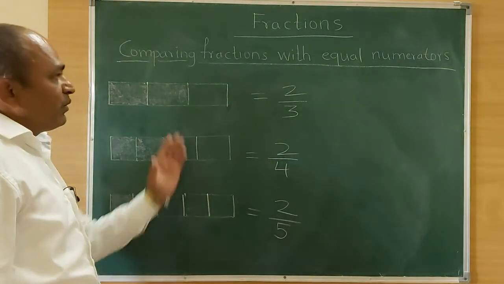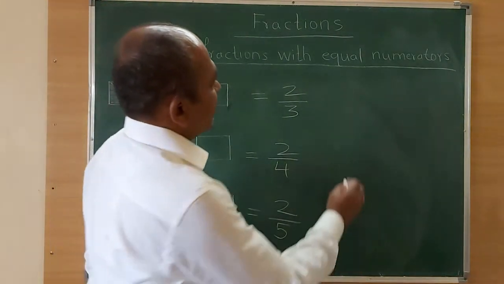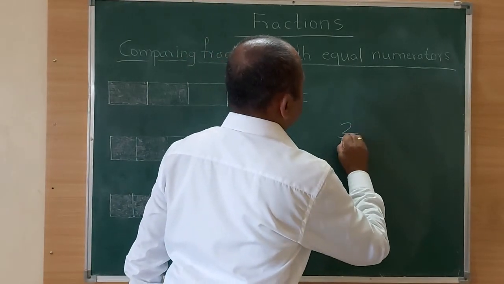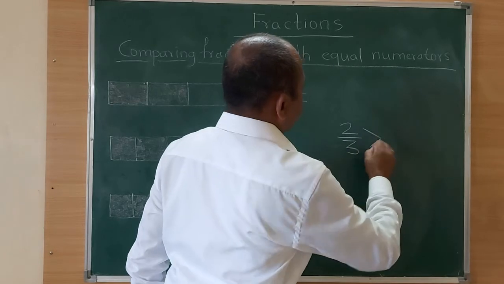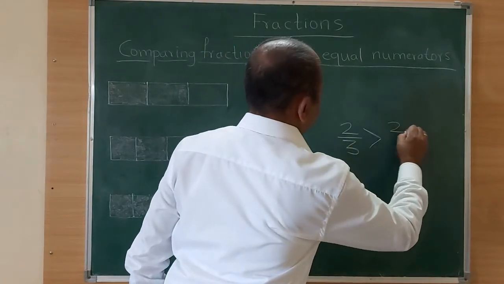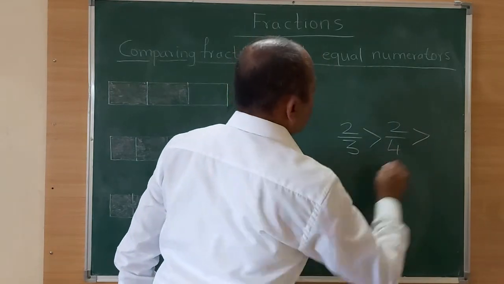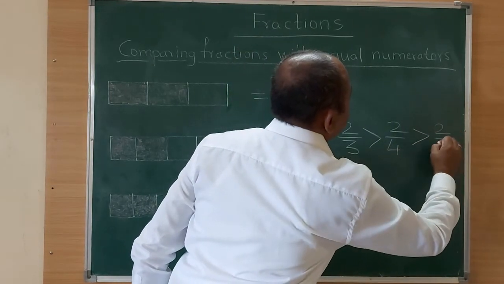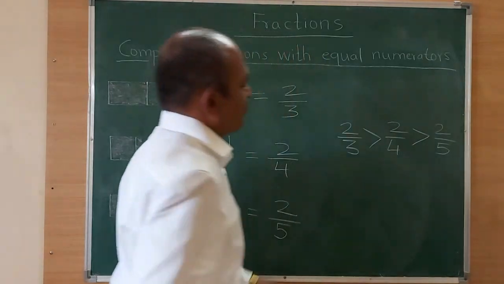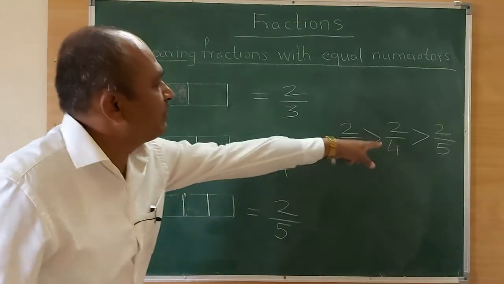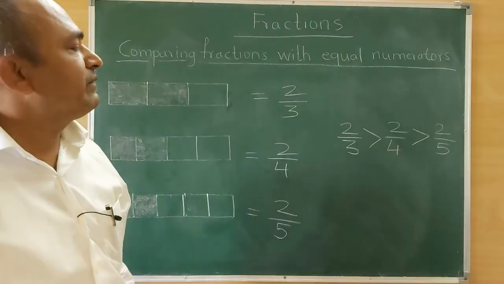So while comparing these fractions, I can write like this. 2 upon 3 is greater than 2 upon 4, which is greater than 2 upon 5.